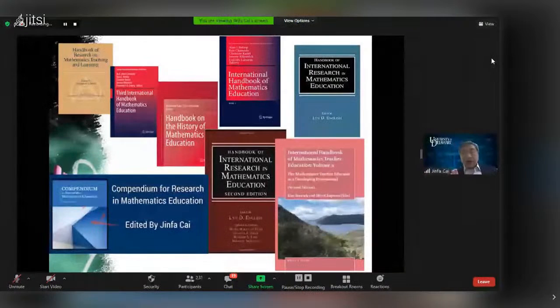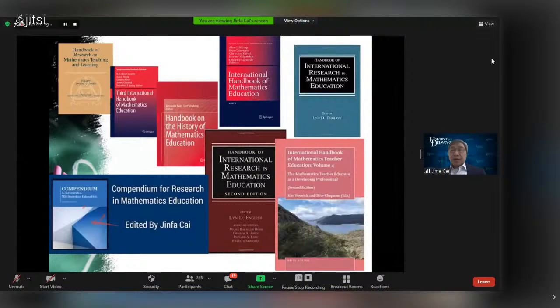Another evidence I want to show is that so far we have published quite a few research handbooks in mathematics education.